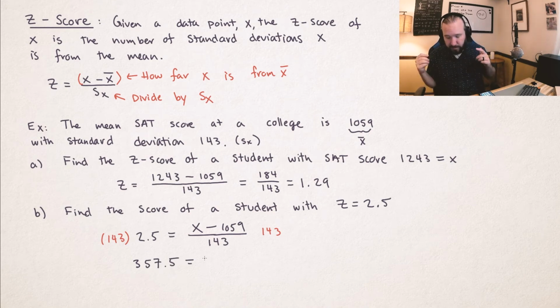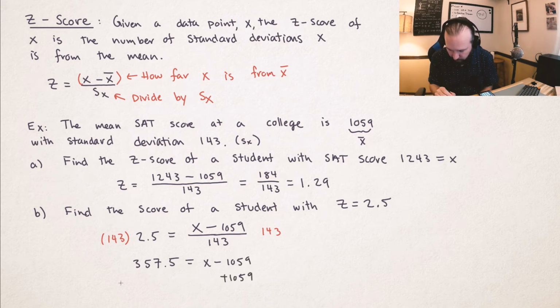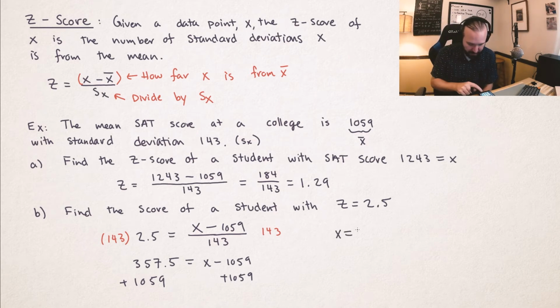So if you want to have a z-score of 2.5, you need to score 357.5 points above average. So this is the number of points. And then when I add 1059 to both sides, it's going to tell me not how many points above the mean you need to score, but actually what your actual score needs to be.